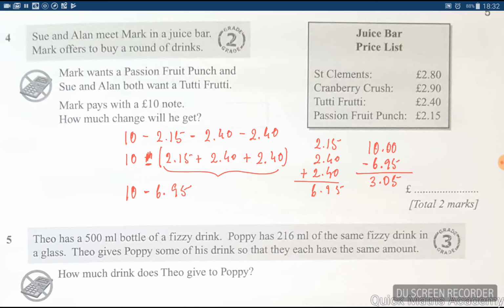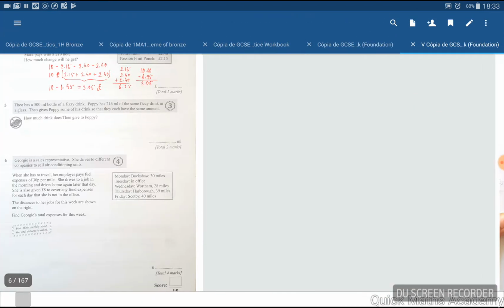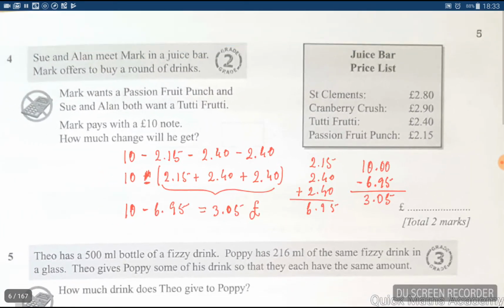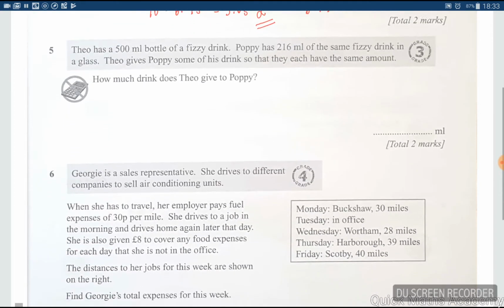Okay, so my final result will be 3.05 pounds. Okay, this is the value that Mark receives as change. Okay, 3.05 pounds.